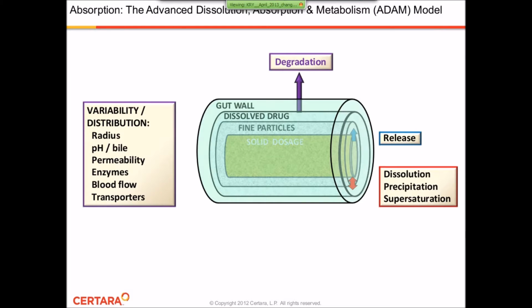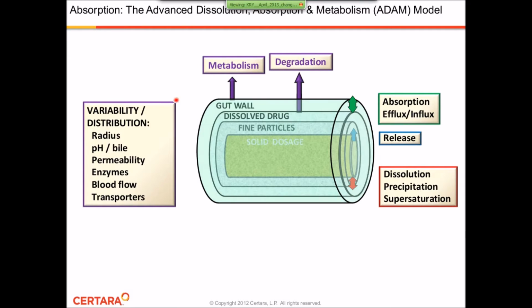In the gut wall itself, we can consider the absorption, efflux and influx, and also metabolism. But as I said, importantly, what we've got built into the model is variability and also regional distribution with respect to the radius, the pH, permeability, enzymes, blood flows, and transporters.